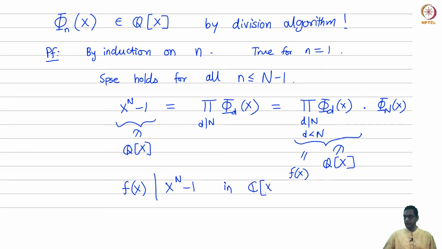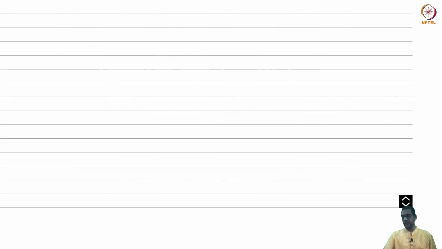If you view everything as polynomials with coefficients in complex numbers, then f definitely divides the polynomial x to the n minus 1, and the quotient is exactly what we are calling phi n of x. But how does one compute the quotient? If you remember what the division algorithm does, if you think in terms of long division, how do you perform long division? You take x to the n minus 1, then I have this polynomial f of x here.